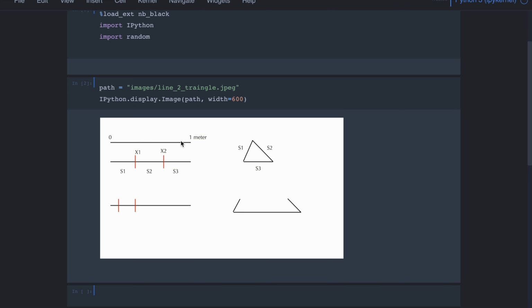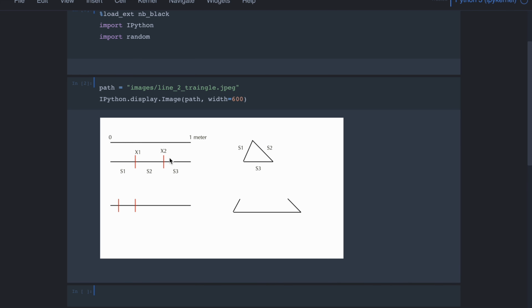So we cut this line into three segments and let's say the lengths of these three segments are s1, s2 and s3. Now the question is, can we form a triangle with these three segments? So what is the probability that we can form a triangle with these three segments?